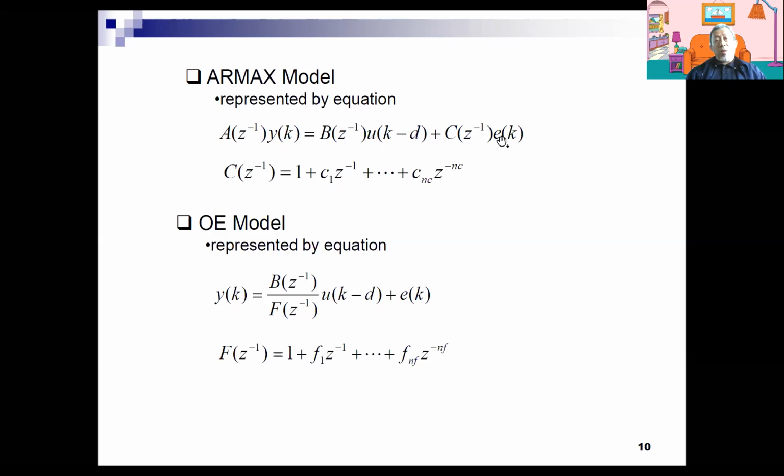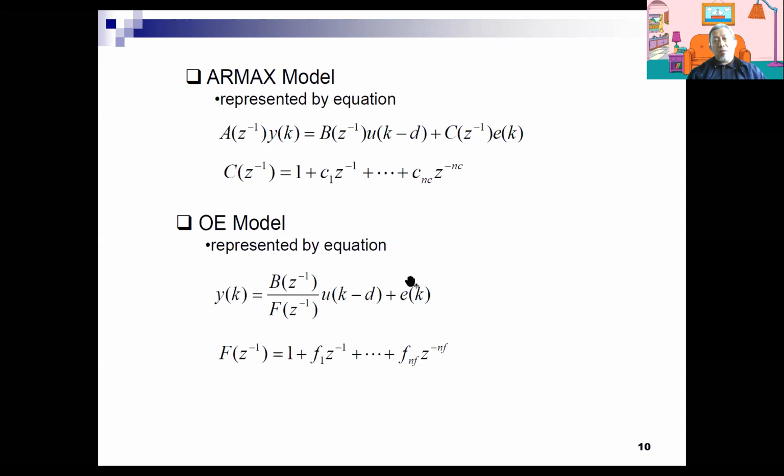So A, B, and C are discrete polynomials, where you have the Z operator in the bracket. And C is equal to 1 plus C1 Z to the minus 1, and so on. This is the ARMAX model.